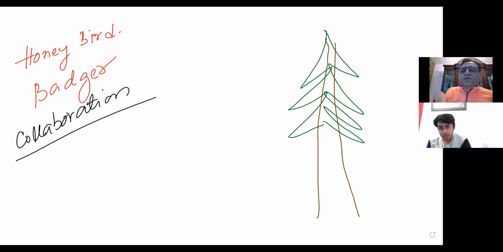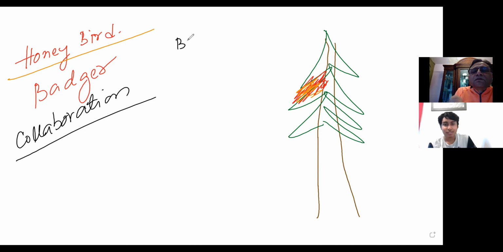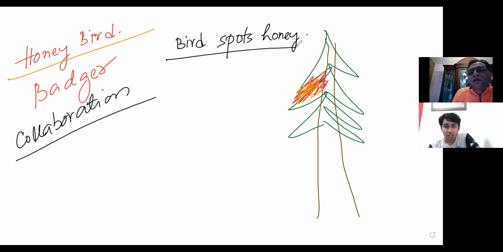Let's say we have some honey here. The honey bird spots the honey. So the story is like this: the bird spots honey.